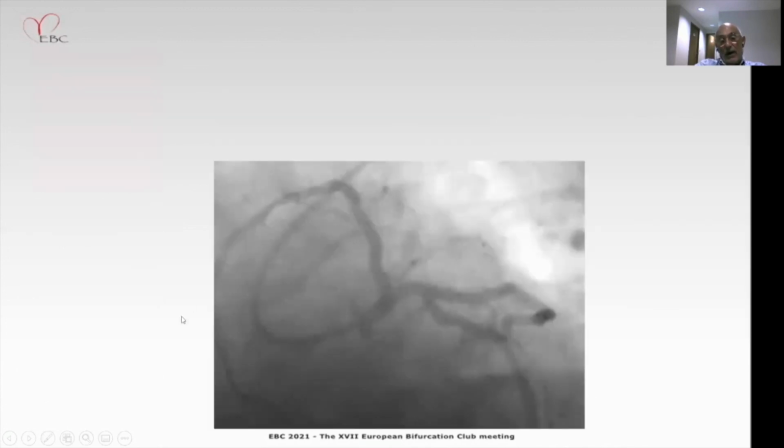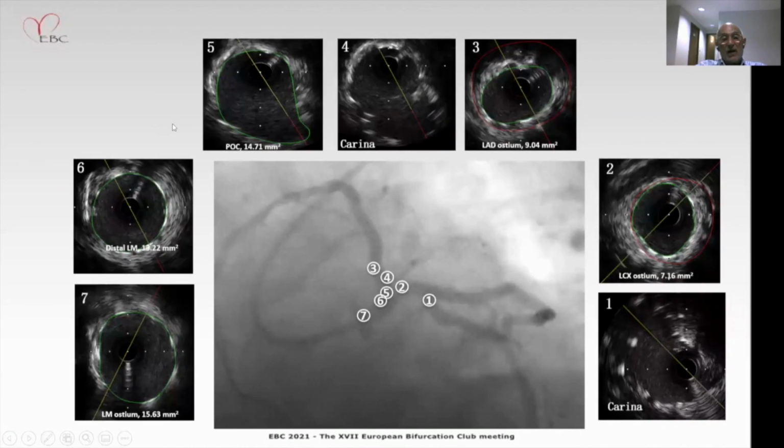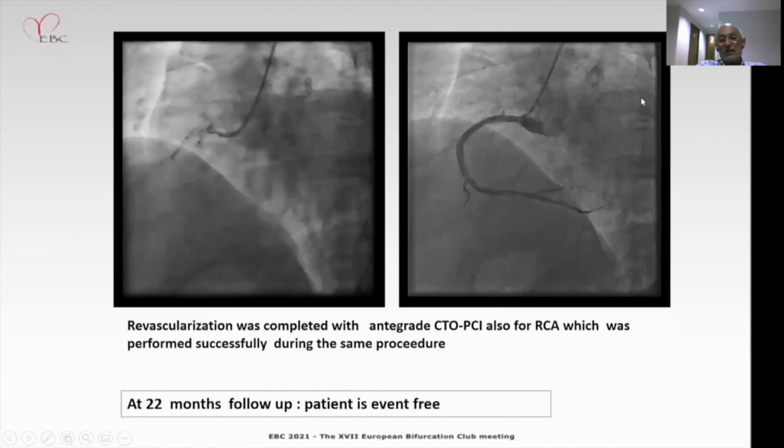Then an IVUS was taken in order to check the previous procedure on both bifurcations on distal left main and circumflex. IVUS confirmed the optimal result. Everything was in place. Stent was well apposed and well expanded at all sides of both bifurcations.